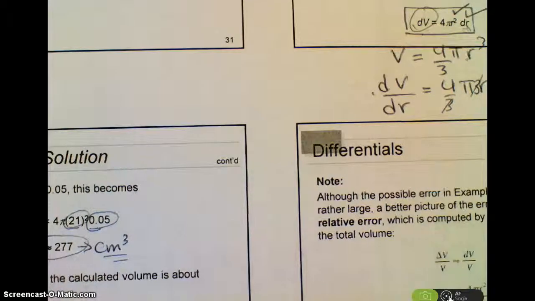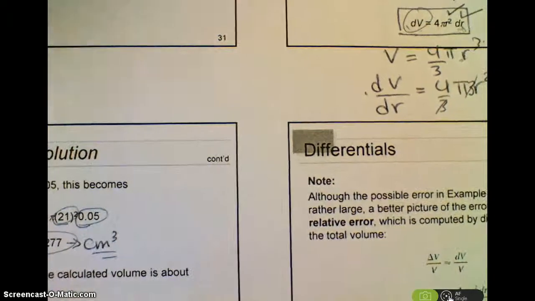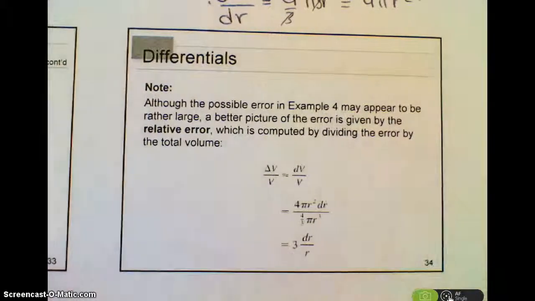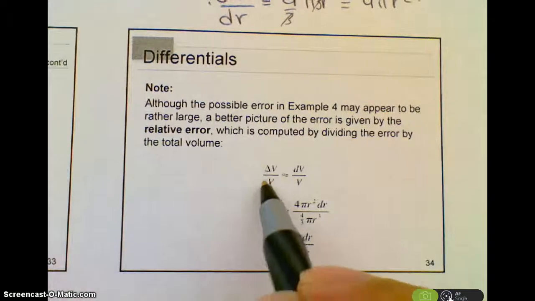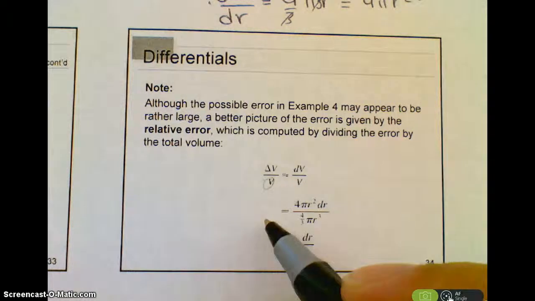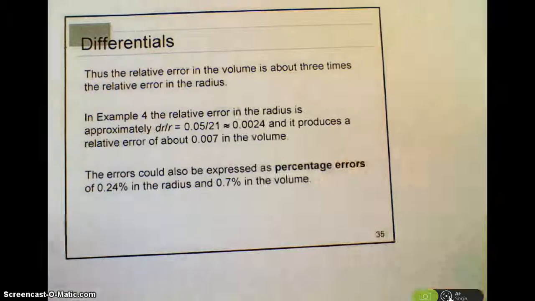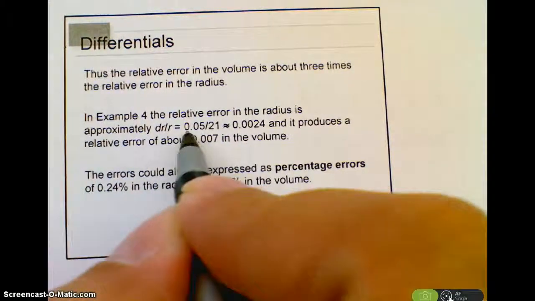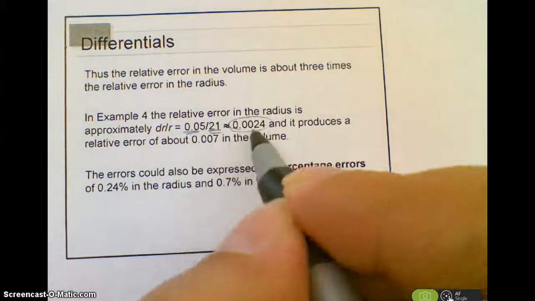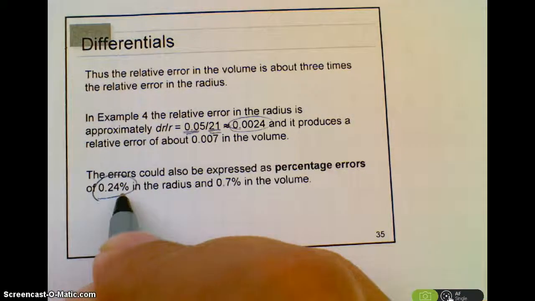But what does this mean? 277 seems to be a very large number, but the other application of differentials is that you can divide it by the original volume and then make comparisons relative to the original measurement. So for example, let me show you right here. This is the amount of error for 21 centimeters, and that's about 0.24%.